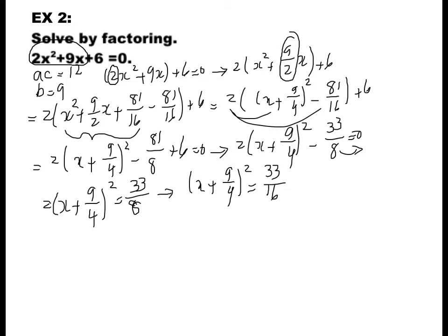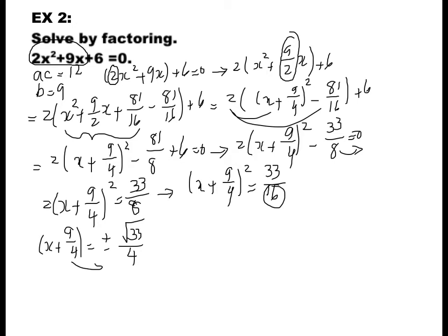Taking the square root of both sides and knowing that the square root is going to give me plus or minus, I'm going to get x plus 9 over 4 is equal to plus or minus square root of 33 over 4. Square root of 16 is going to give me 4.